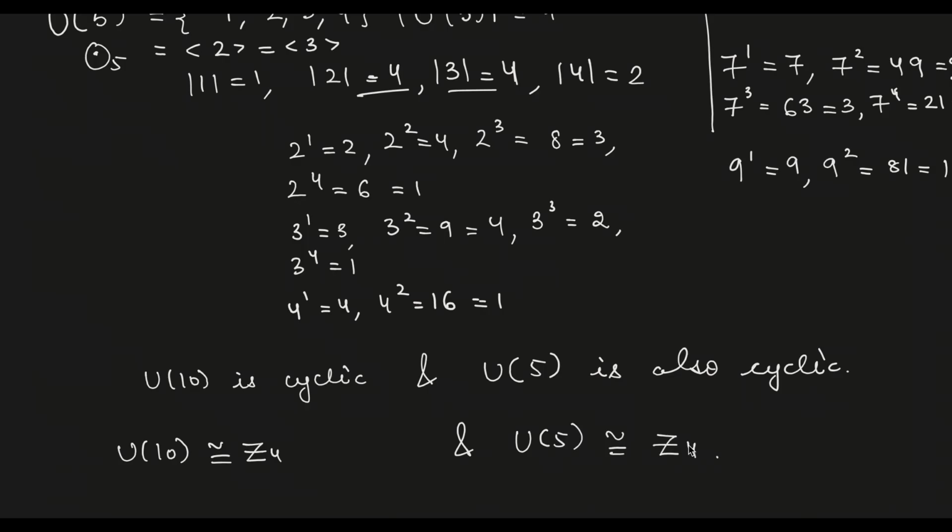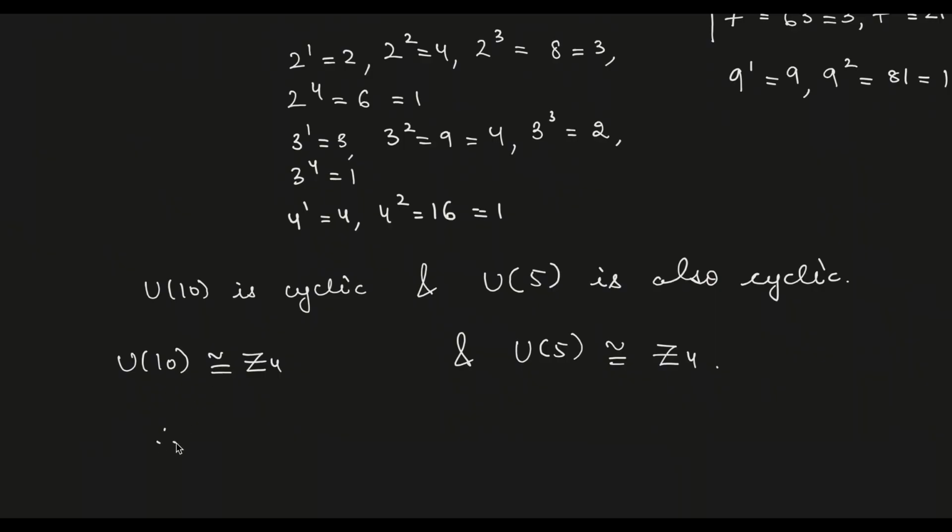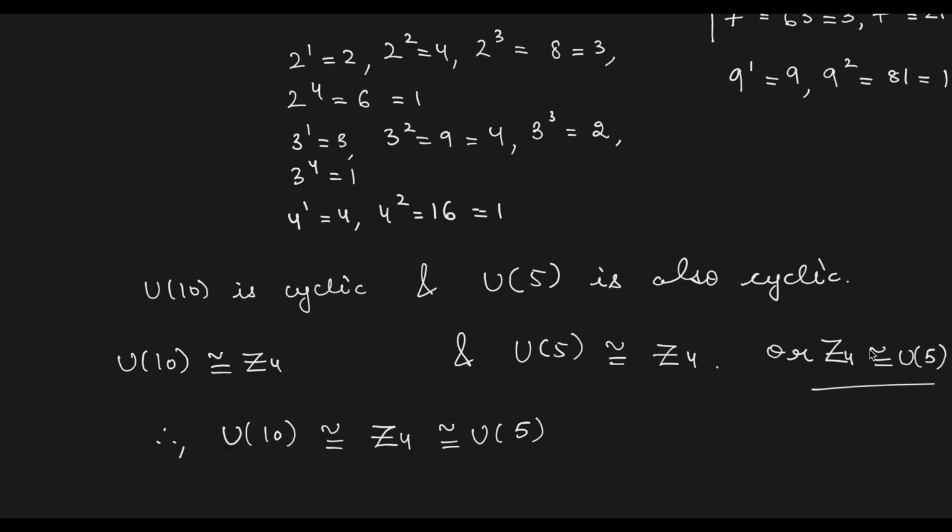So by the transitive property, U10 is isomorphic to Z4 and it is isomorphic to U5. Also observe that whether I write U5 is isomorphic to Z4 or Z4 is isomorphic to U5, both are possible and correct. This implies that U10 is isomorphic to U5. Is this clear?